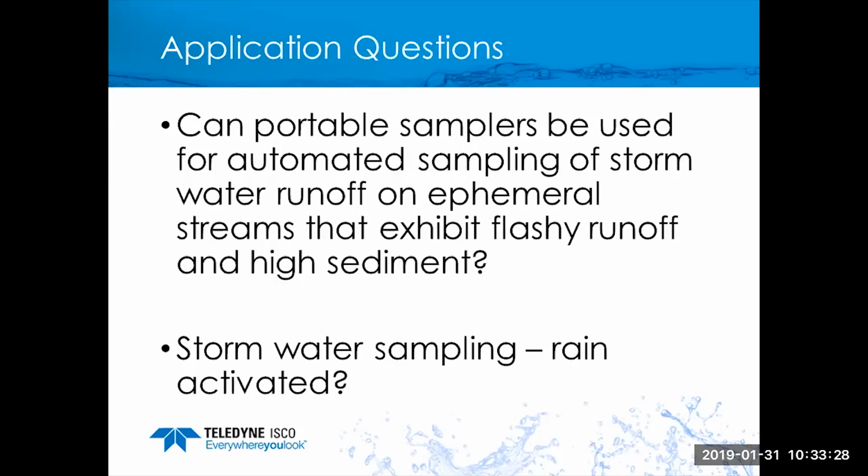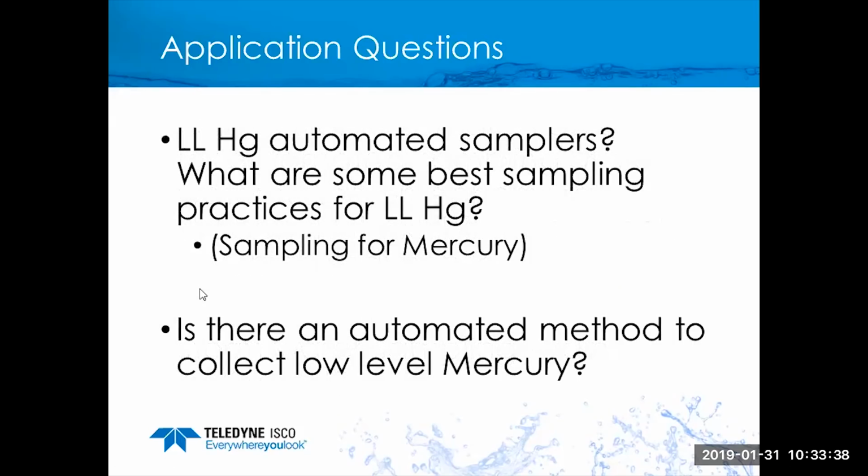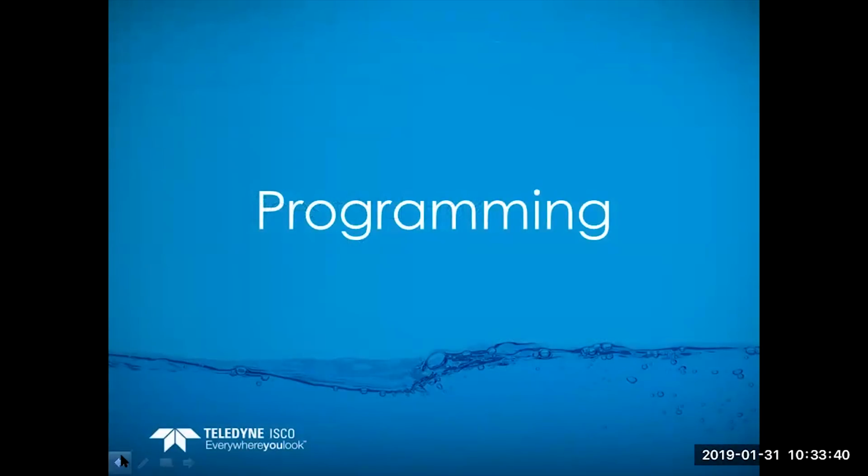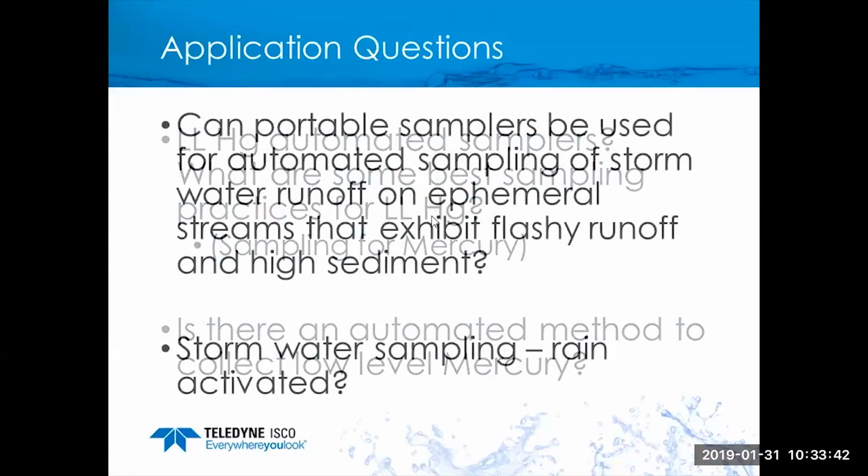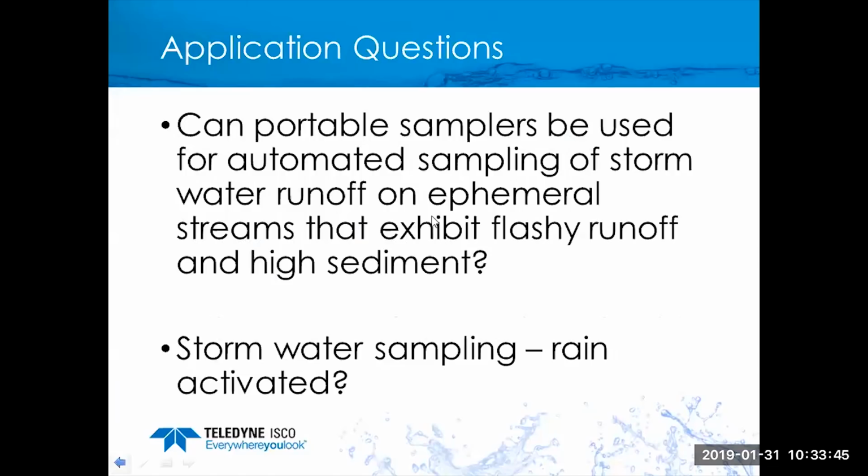Again, related questions, stormwater sampling, rain activated. Absolutely, for stormwater samples, a portable sampler is a very common and popular product to use in that application. And again, we do need the means to inform the sampler that, okay, it's raining, I have the runoff, start your program.